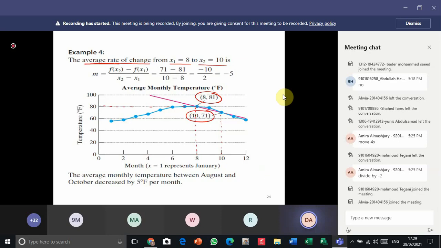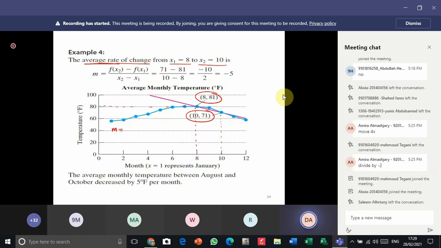So we can easily find the slope, or average rate of change, by 81 minus 71 over 8 minus 10.